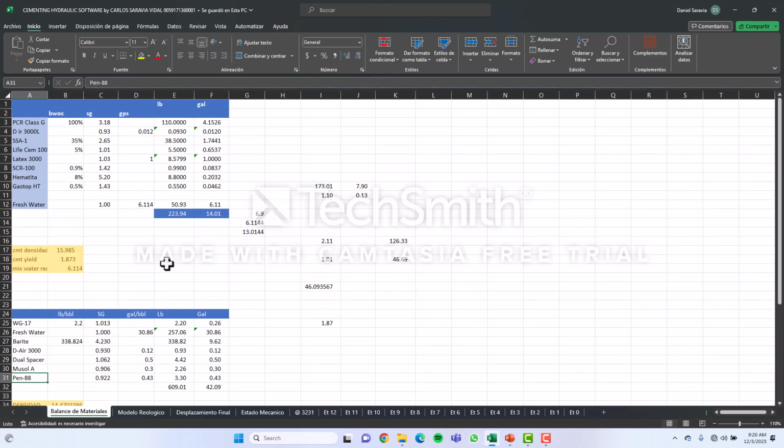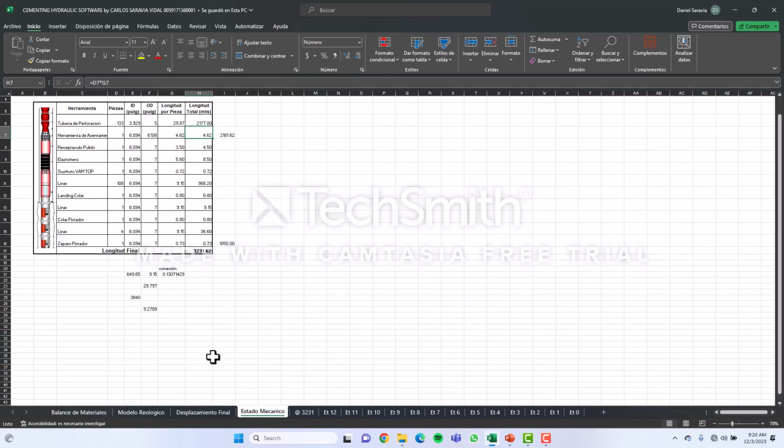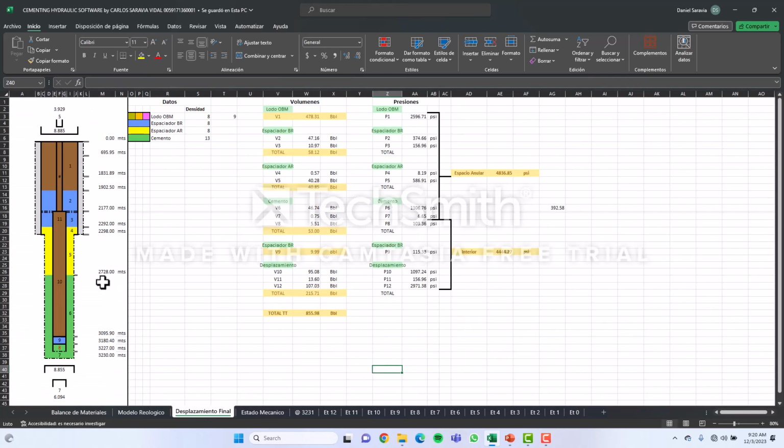For a spacer, for example, we need at least 10 minutes of fluid contact between the open hole section and the OD of the casing or liner to have a very good cleaning and adherence of the cement to the casing and to the formation.